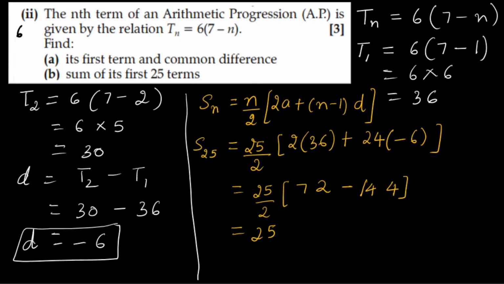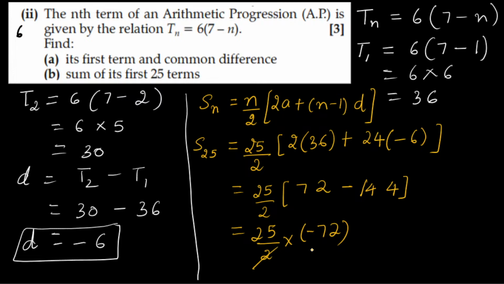So 25 by 2 into 72 minus 144, which is minus 72, because the answer should have the sign of the greater number.